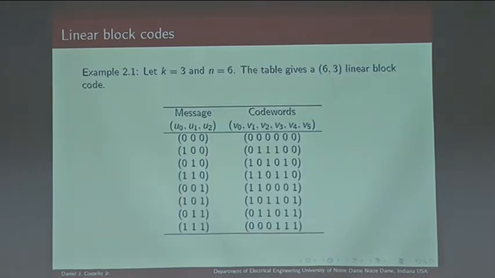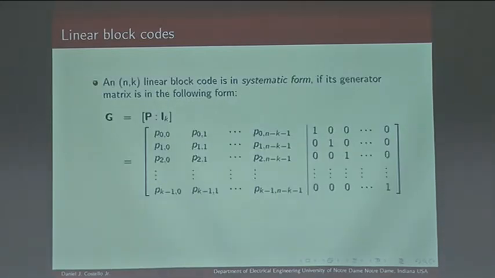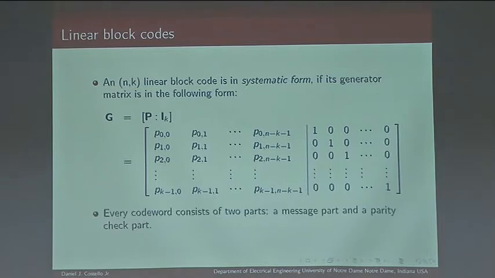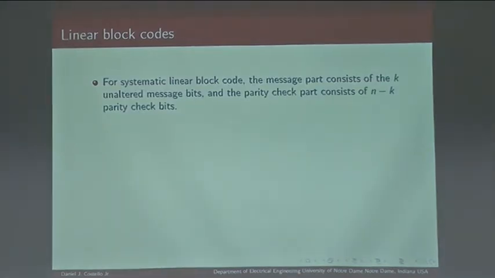But when we make it in systematic form, this is always, the information part, or message part, is always an identity matrix. The parity part, we use P's to represent those. So we have K unaltered message bits and then an additional N minus K parity check bits.